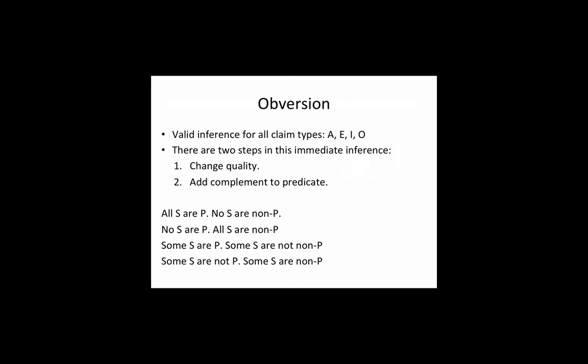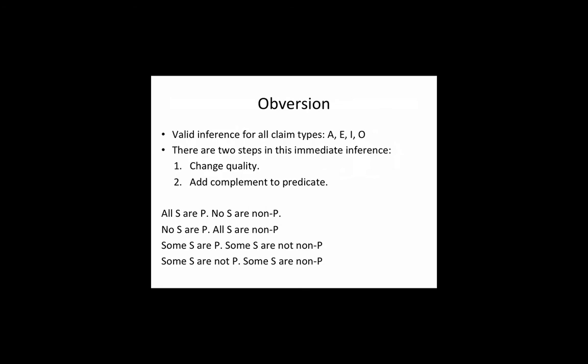That's a really important point to remember. We're looking for equivalences. And I think you'll see these equivalences clearly by the Venn diagrams that we look at in a little bit. So first off, obversion.